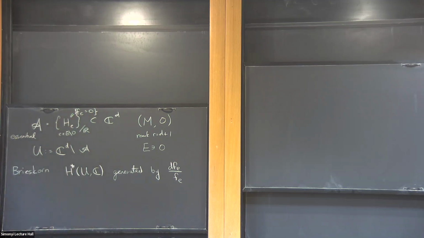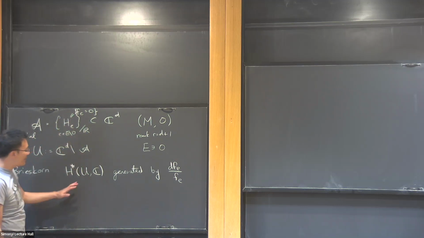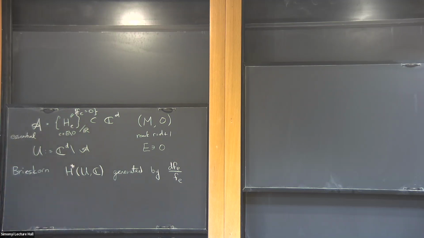So we pick some linear forms that cut out the hyperplanes, we write down these particular 1-forms, and the cohomology is generated by these.